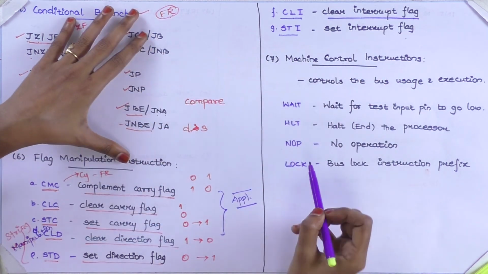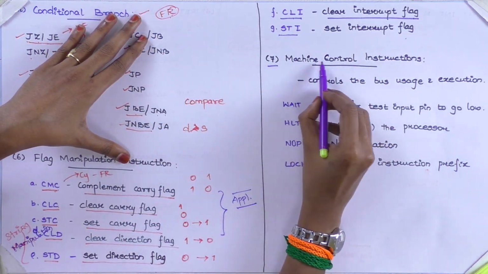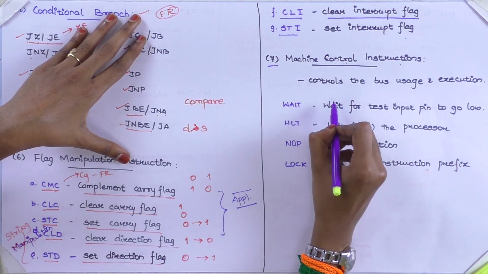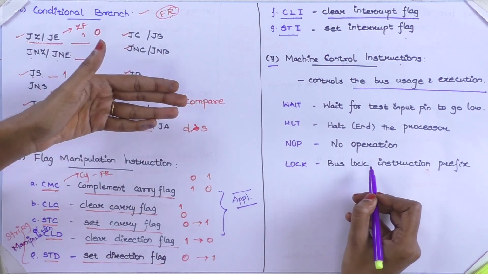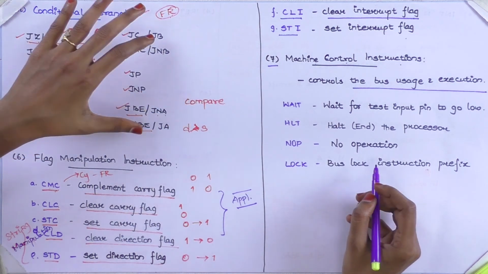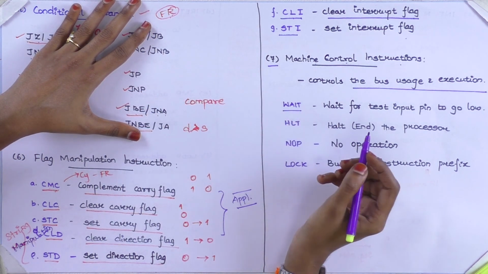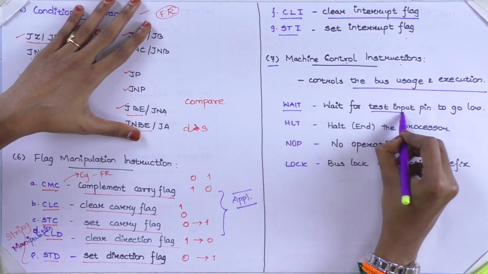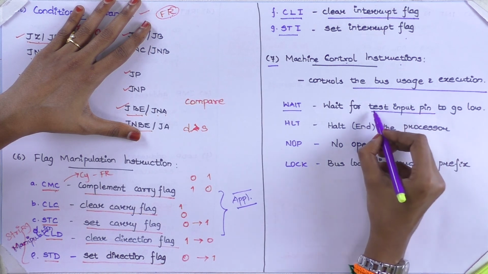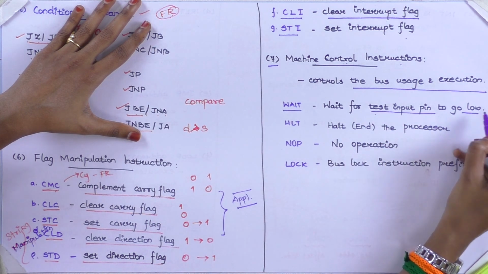Fine. So the next set of instructions are machine control instructions. These instructions will control the bus usage and execution of the program in the CPU. The first instruction is the wait instruction. This will make the processor wait until the test signal has become low.